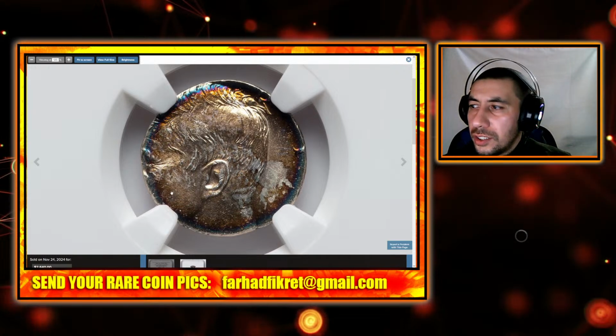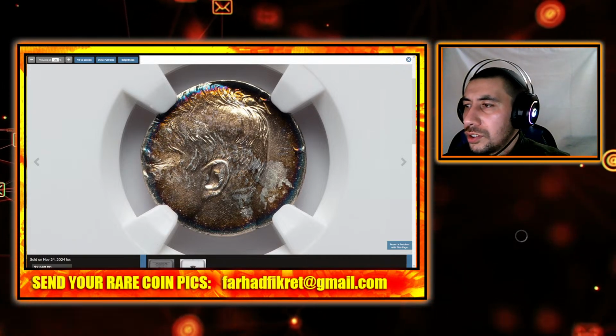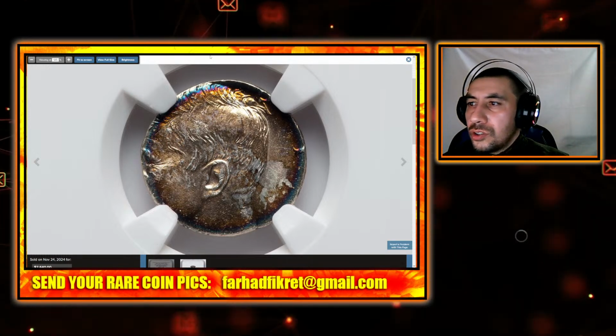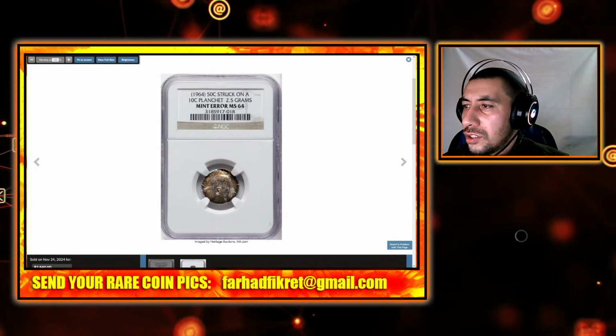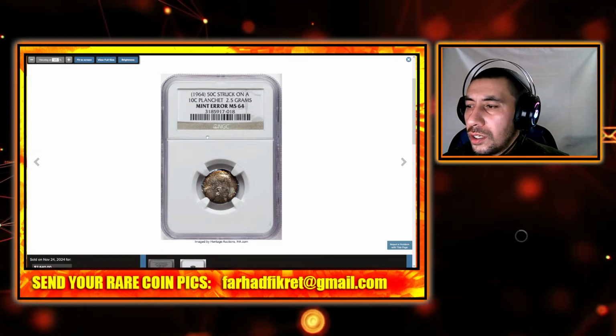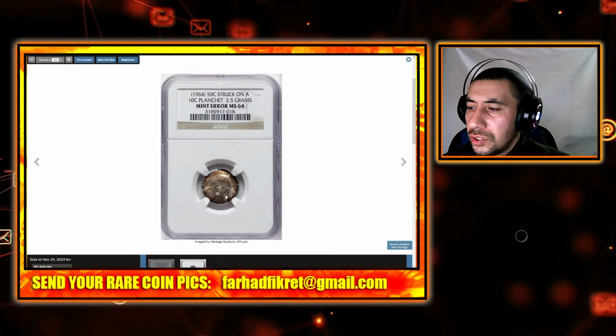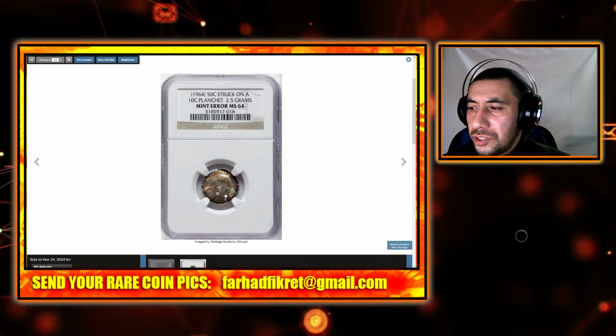This is the second, and the third is it is in mint state with luster. So it was graded as MS64 by NGC. Even though it is an error coin, it is in uncirculated near gem condition.